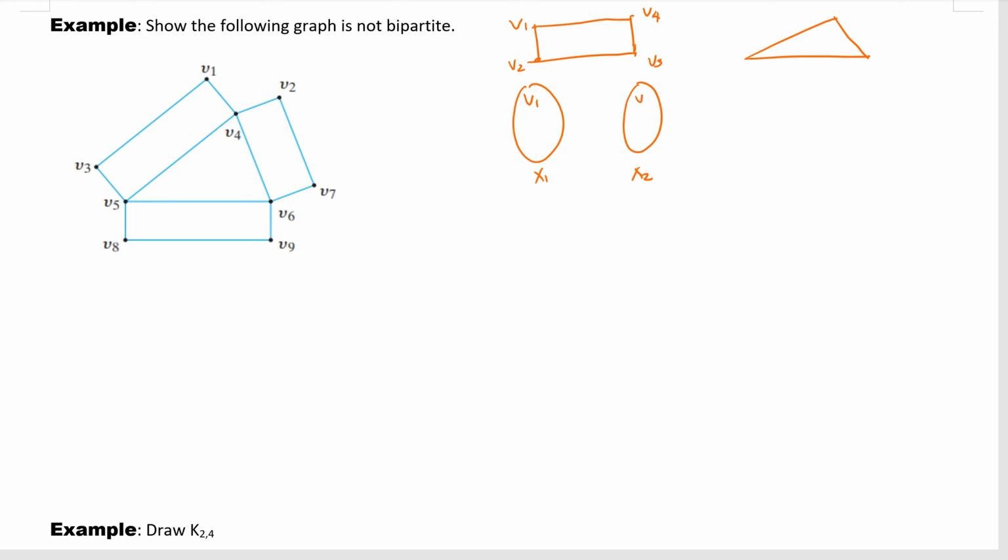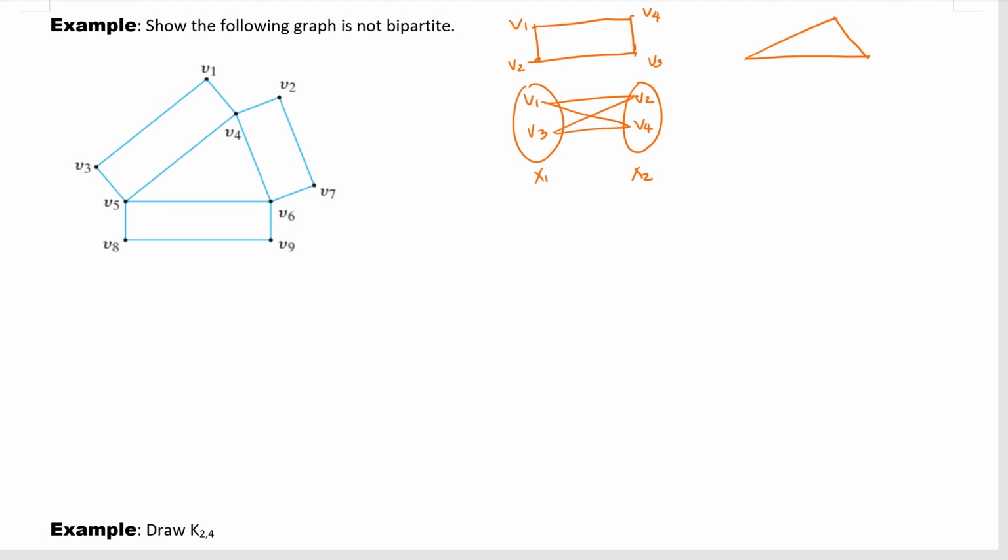So V2 is in x2, V4 is in x2, and then whatever is connecting to V2 and V4 must be in x1, so V3 is in x1. So it's good. Yes, here we have a biparty graph. V1 is connecting to V2, V4, and V3 is connecting to V2, V4 as well.